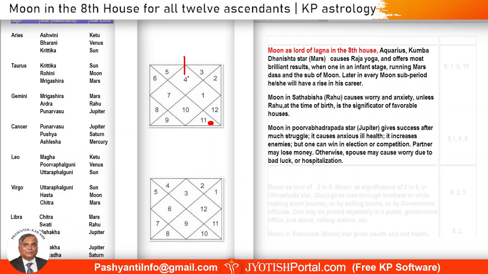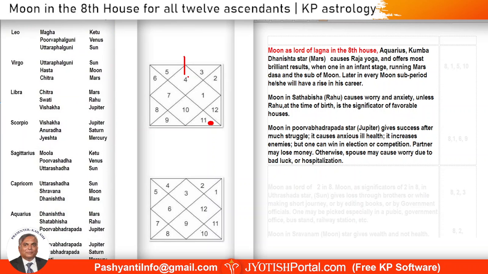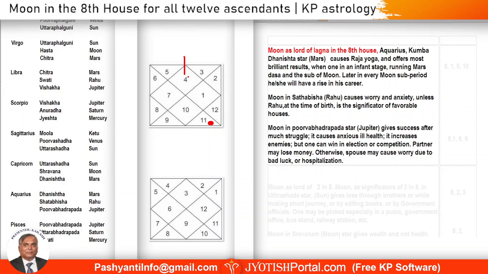Let's see what the stars within Aquarius are: Dhanishta, ruled by Mars, Shatabhisha, ruled by Rahu, and Purva Bhadrapada, ruled by Jupiter. So it depends on the degree of the moon.